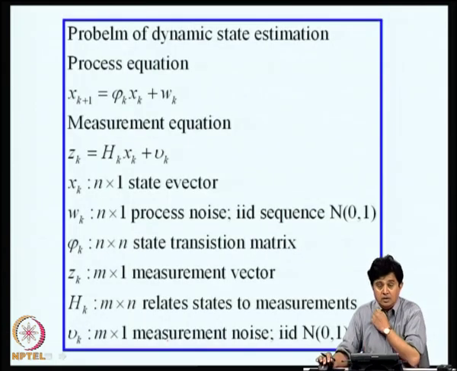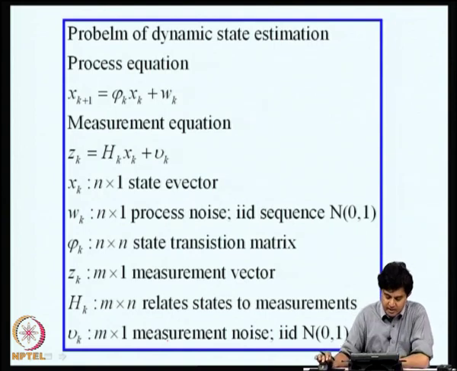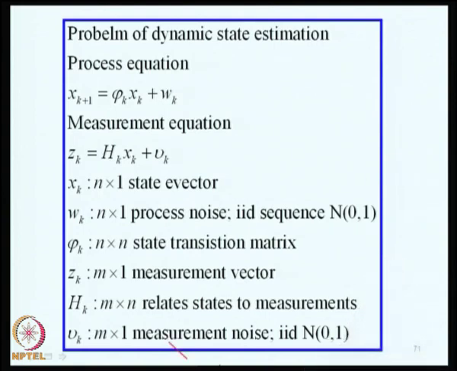Now, I will close this discussion by making a quick reference to the basic problem of dynamic state estimation. In the discussion we went through just now, the joint densities we are talking about were assumed to be known, but I already mentioned that knowledge may come through a mathematical model.